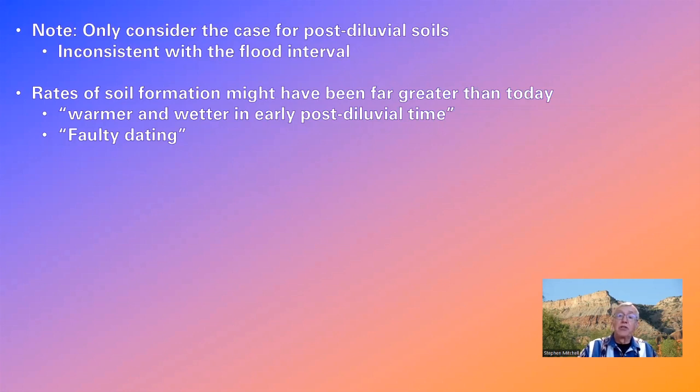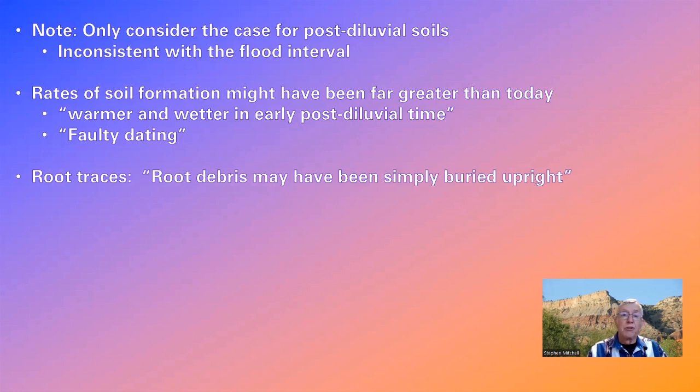That calcium carbonate should have been moved completely out of the system in a wet climate. Another idea is that it's just faulty dating. Maybe all the indications that we have, such as from carbon dating, are completely wrong, and so this doesn't give us any time information. That's another problem which I think falls apart.